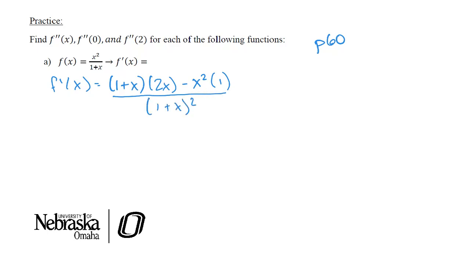So if we simplify that, we have 2x plus 2x squared minus x squared over 1 plus x squared. Again, simplify that. We get x squared plus 2x.